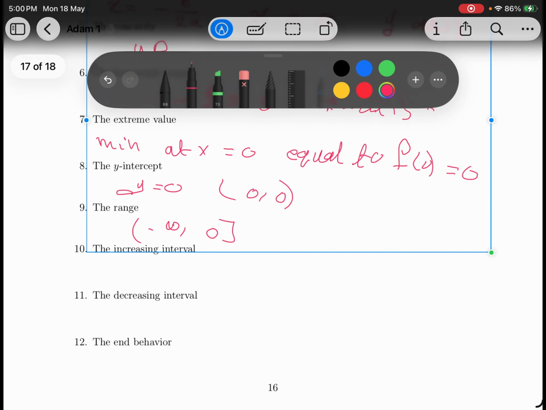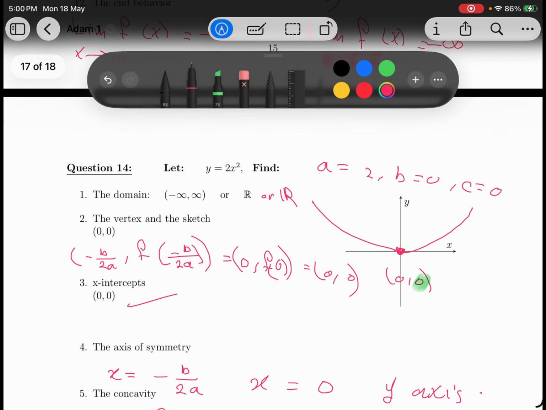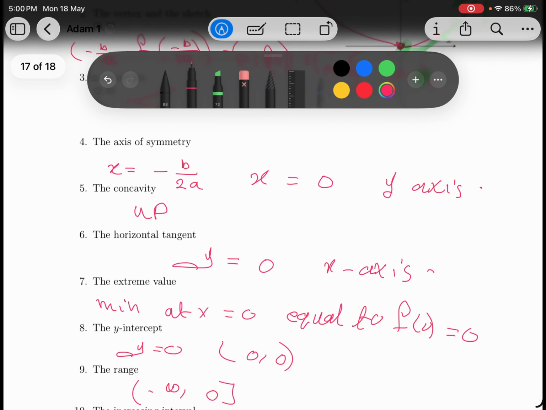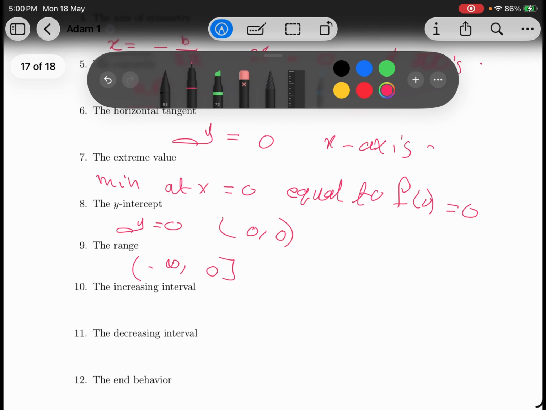And here the increasing interval. Obviously this function is increasing going from this 0 for the entire positive x-axis. So from 0 to infinity, the function is ascending.